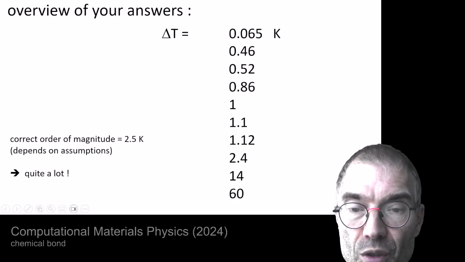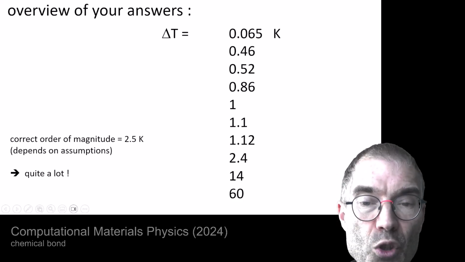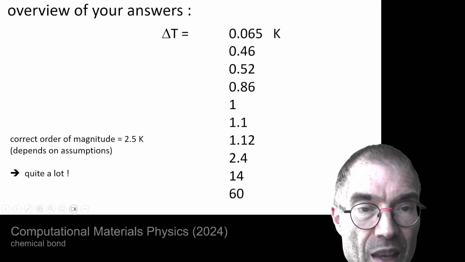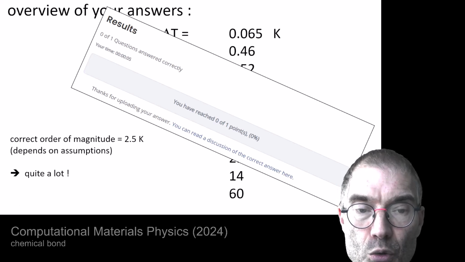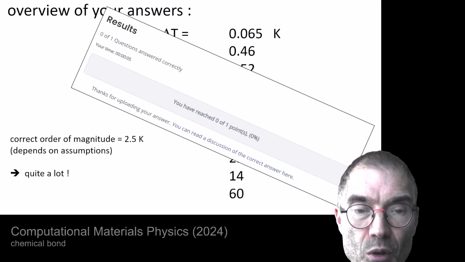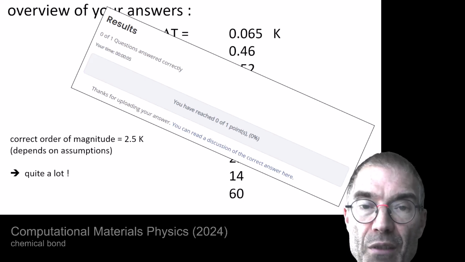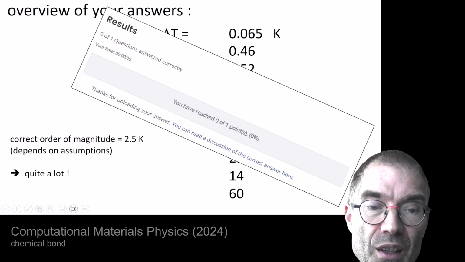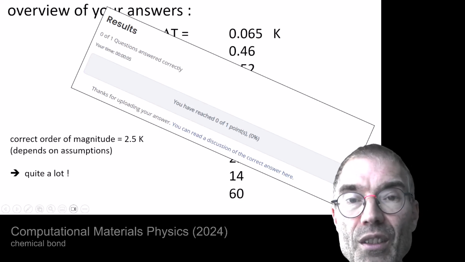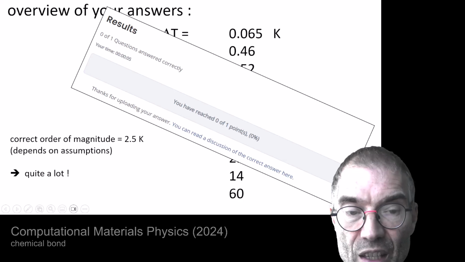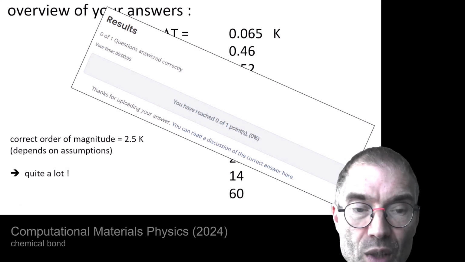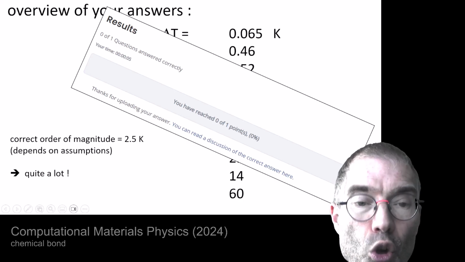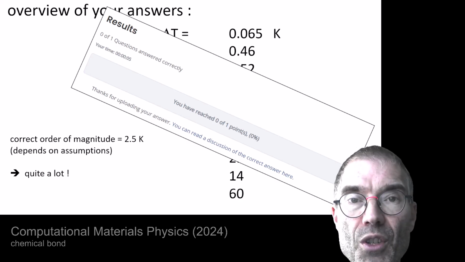Depending on the assumptions, I agree that you end up somewhere in that ballpark of 1 to 3 degrees. And you could see one example of a full reasoning. After having submitted that answer, you had the possibility to download a file with the correct reasoning. So in case you missed that, you can still go back there and see what an example of a correct reasoning was.